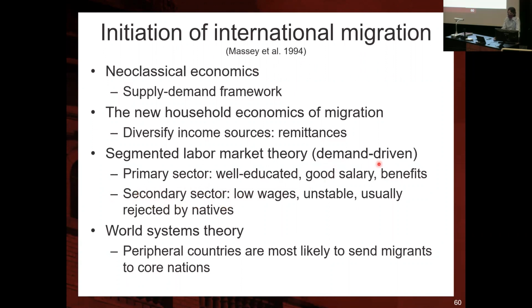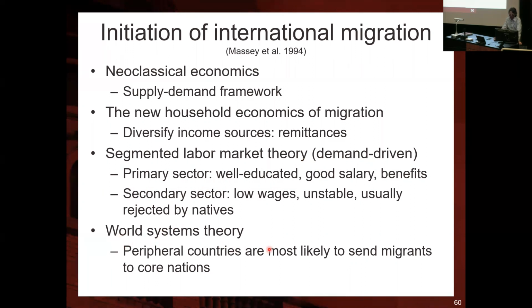And migration will keep happening if these sectors keep demanding jobs. So if those specific sectors have job opportunities for people, they have a demand for more workers, people will keep moving into those countries. So this theory emphasizes this demand-driven process.